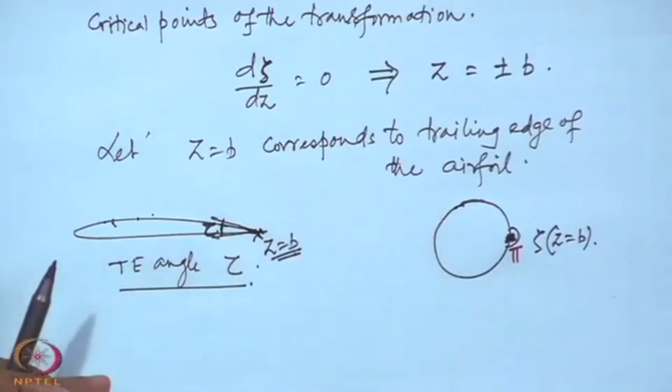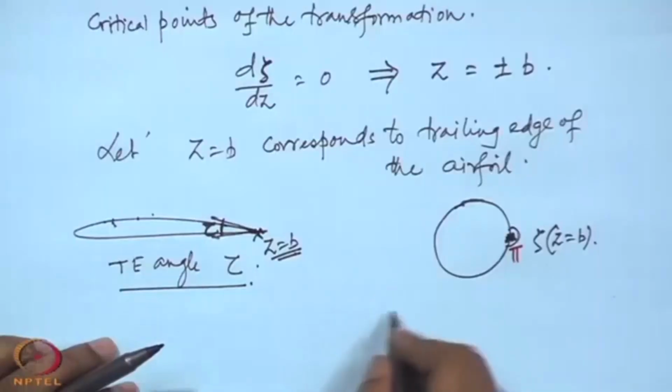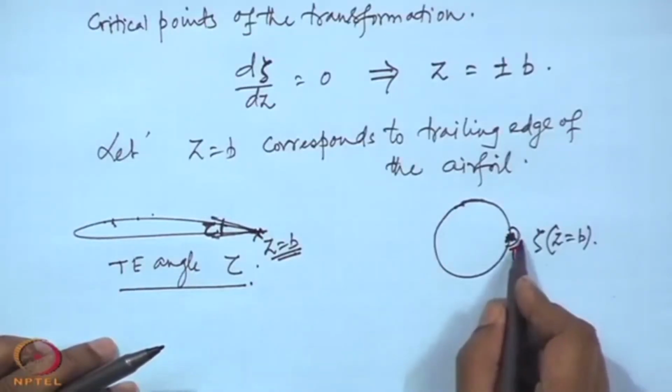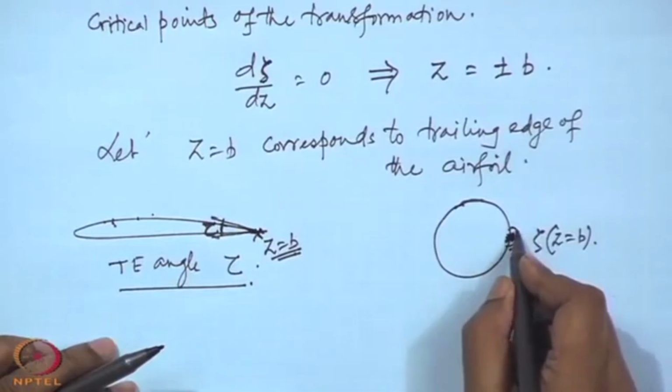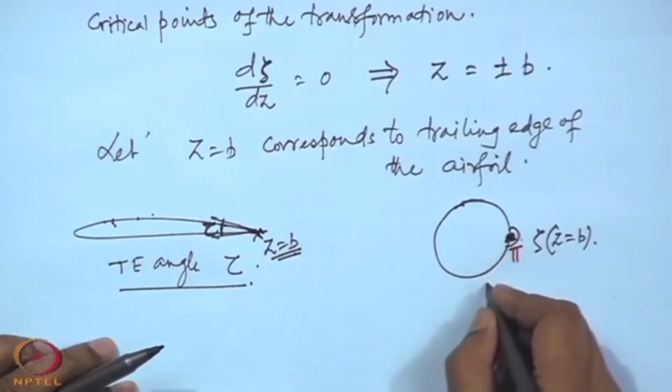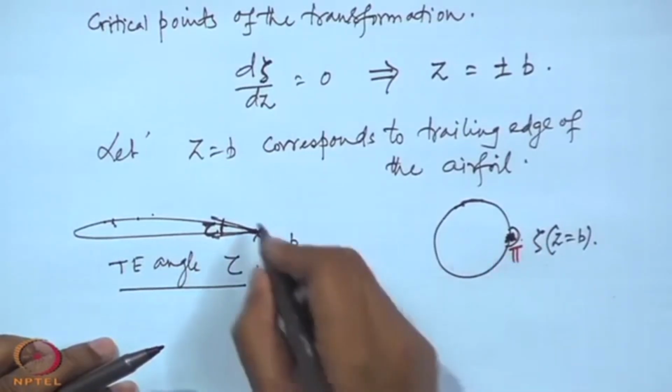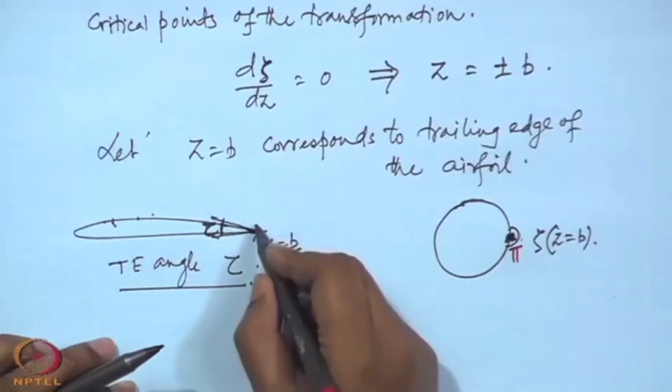You see the second derivative itself is non-zero. So, let us call it the angle, and this angle becomes this. Okay.